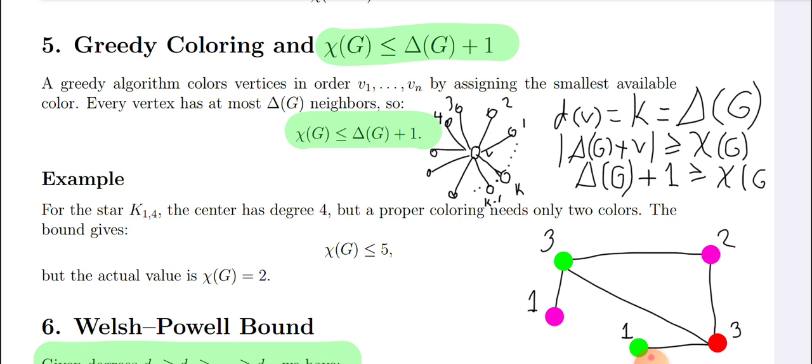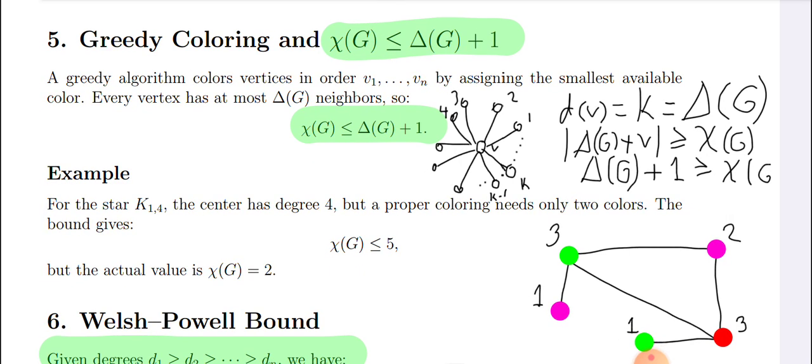If you color the 4 leaves first, the greedy algorithm might give them color 1, color 2, color 3, and color 4. Then the center vertex comes along and sees 4 different colors, forcing it to take color 5. Exactly. But if you just colored the center vertex first, it would take color 1. Then all 4 leaves would see their only neighbor has color 1, so they'd all happily take color 2. Optimal solution found instantly.